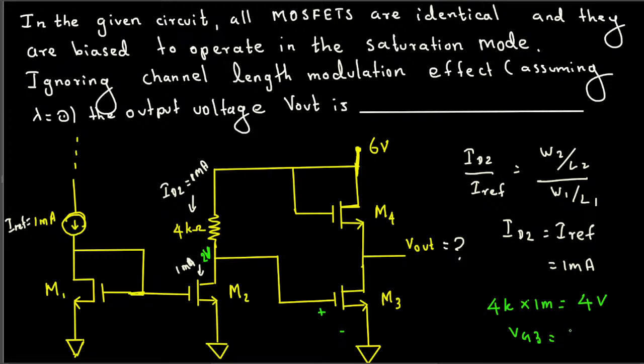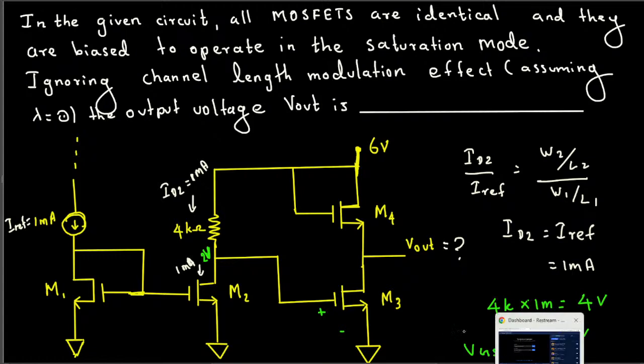So VG3 is 2 voltage, then VGS is also 2 voltage, because VGS is nothing but VG minus VS, and VS is grounded, so it means VS is 0, so VG minus 0 is 2 voltage as well. So we can say VGS is also 2 voltage.